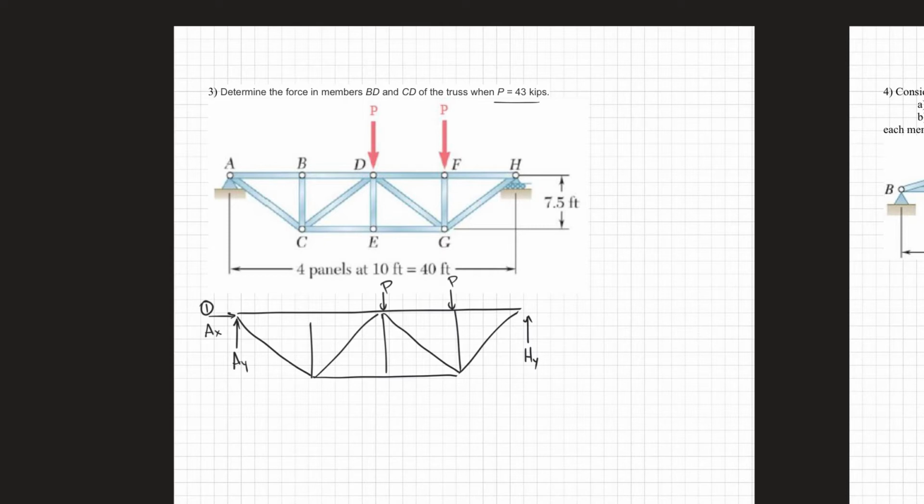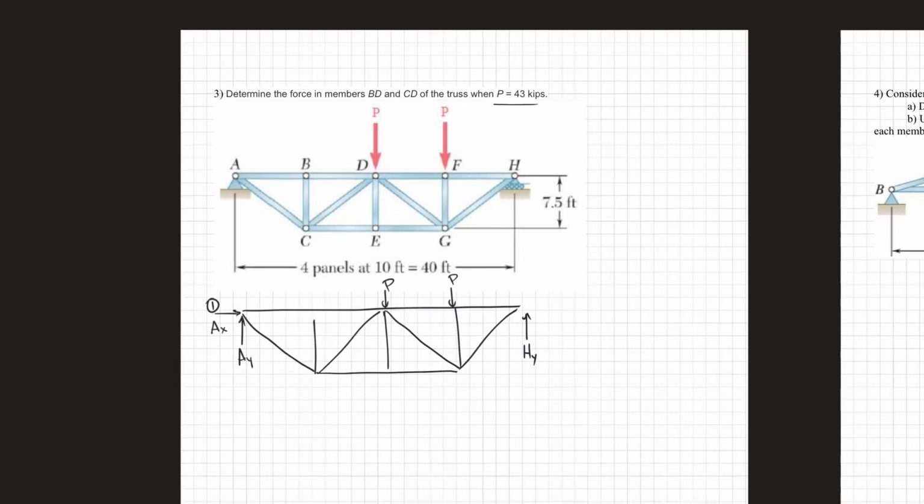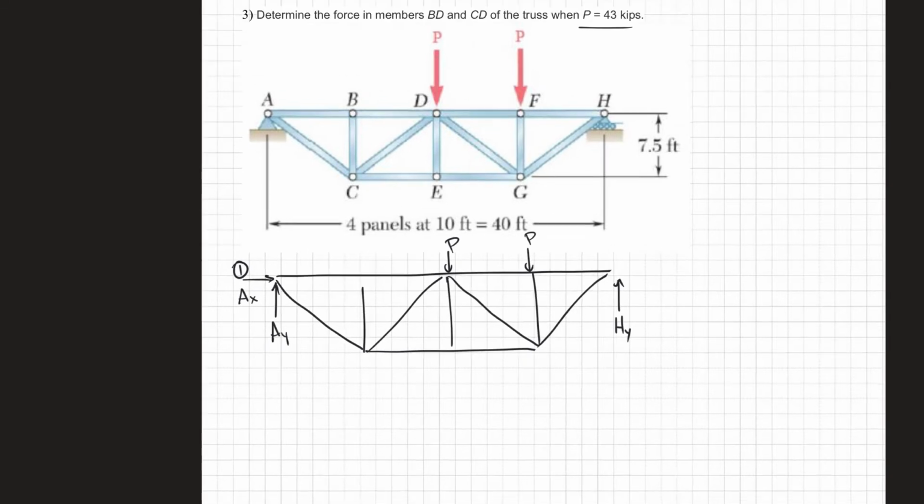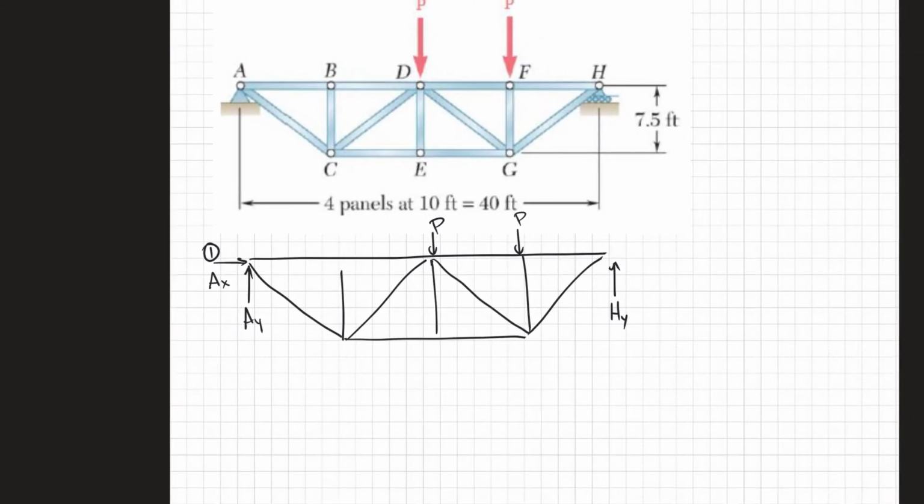The only thing that matters is what's happening on the outside, and I just showed you everything that's happening on the outside. So we want to know the force in members BD and CD. Let's go ahead and do the external, so we can find the reactions.